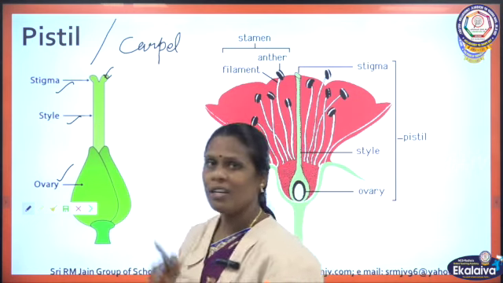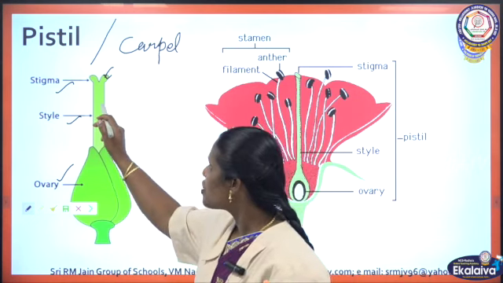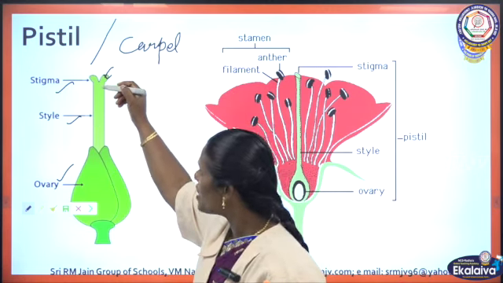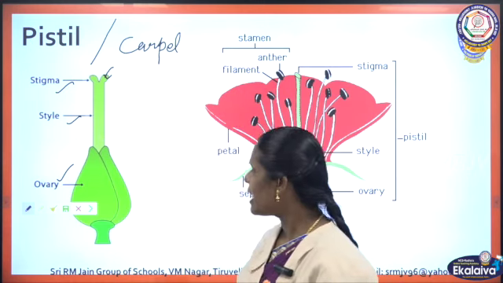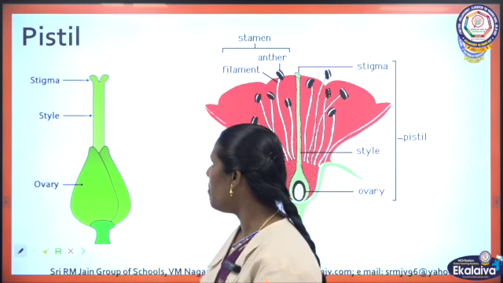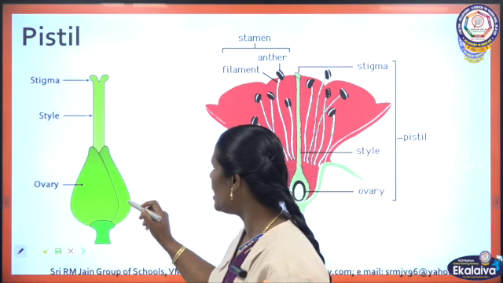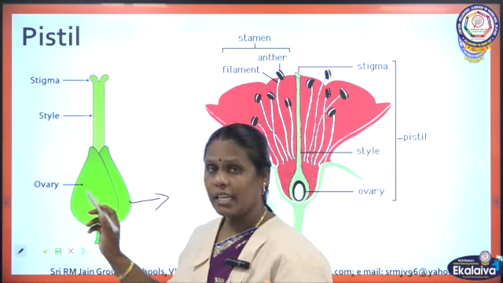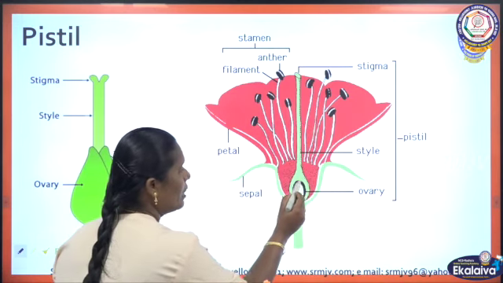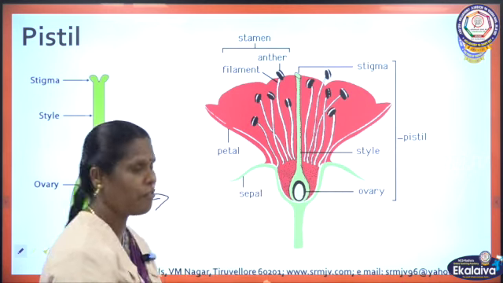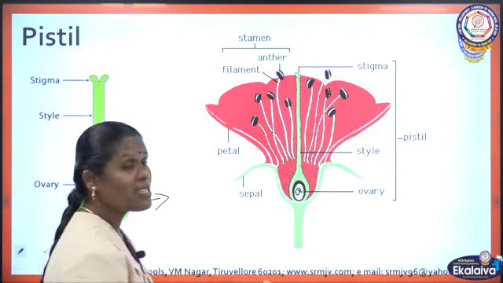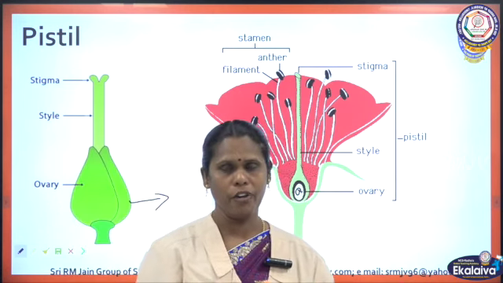Then next one, style. The style is the stalk of the pistil. It connects the stigma and ovary. The third part is the ovary. It is present at the base, at the center of the flower. Inside the ovary, ovules are there. So this is the female part of the flower.